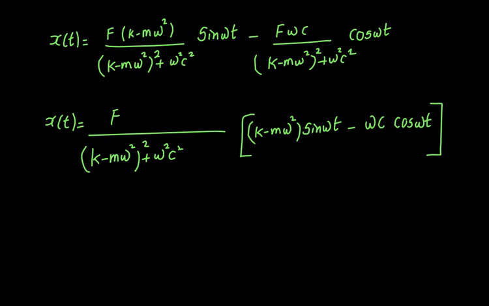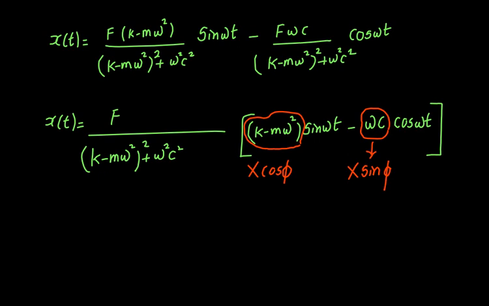You see, this term I'm going to call, as an assumption, capital X cos phi, and this term I'm going to call capital X sin phi. Now you may ask me, can I really do that?